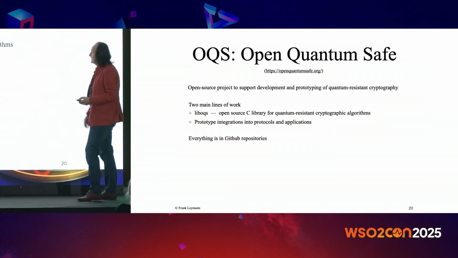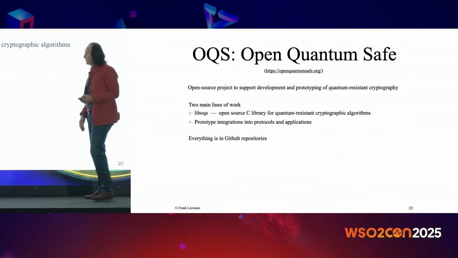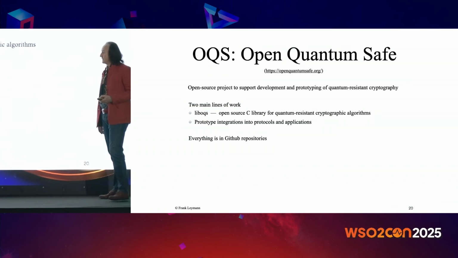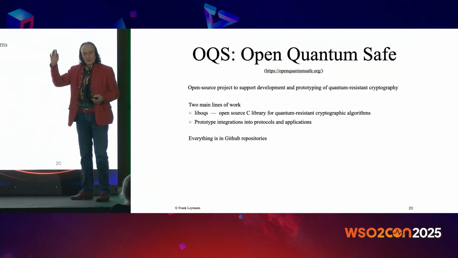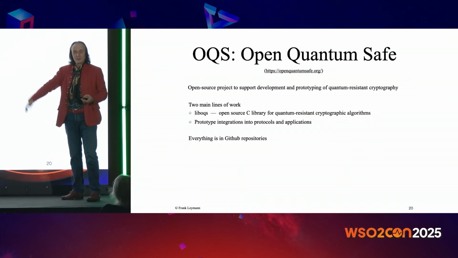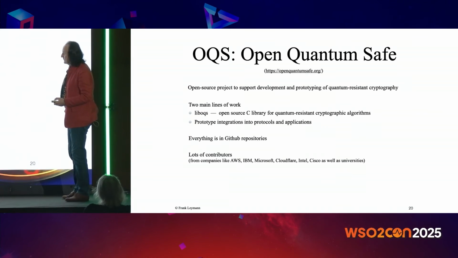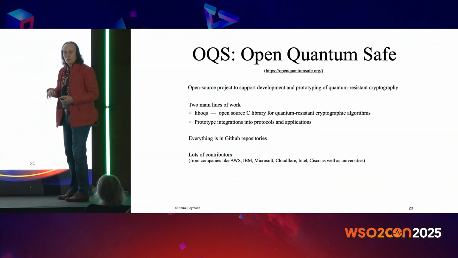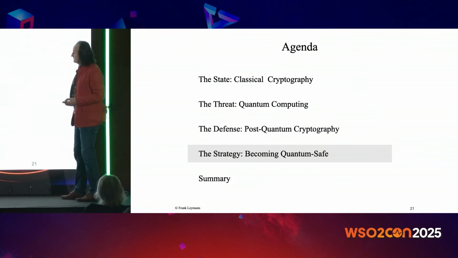Everything is in GitHub, so if you go to the web page here, on top you are pointed to GitHub and you can take a look at the code. And it's not only C, there are Go wrappers, Python wrappers around that if you hate C, right? Everything is open source available. And as I said before, lots of contributors, Amazon, IBM, Microsoft, Cloudflare, and so on, are all contributing to these open source implementations, which is good.